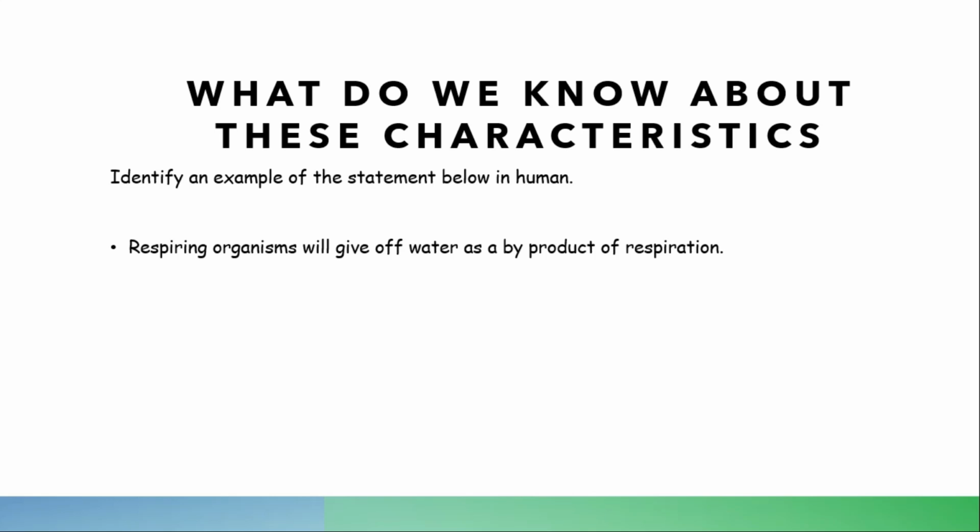Now identify an example of a statement below. Can you think about a simple experiment like the one we did on the plant, for humans, that would prove that water is given off during the process of respiration? What would you do?